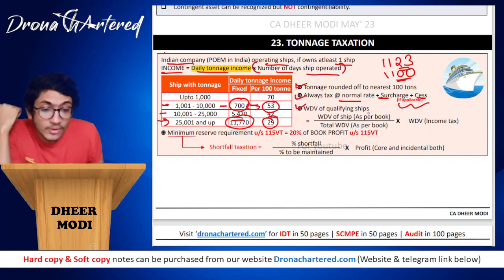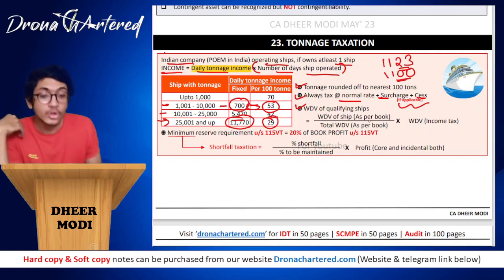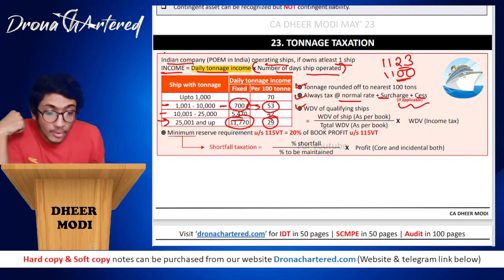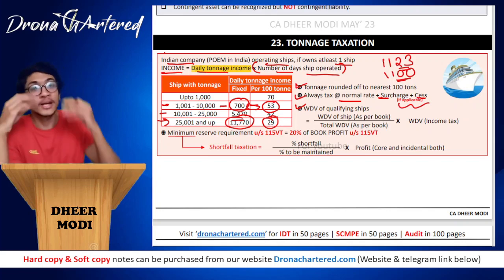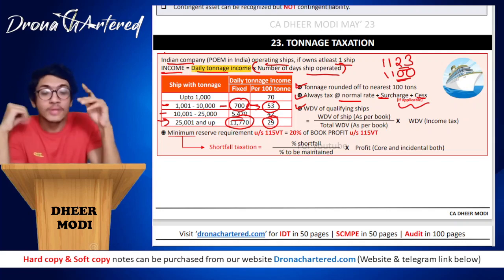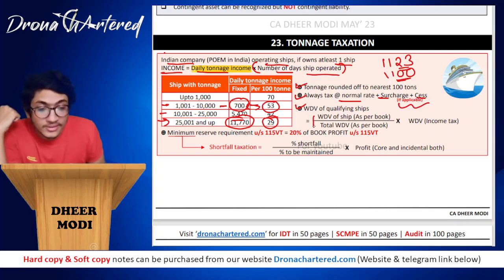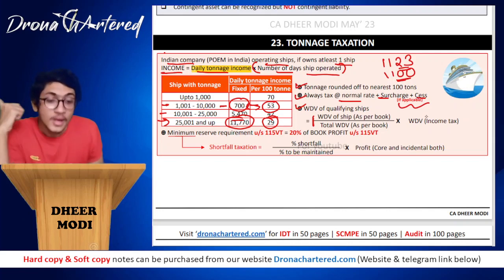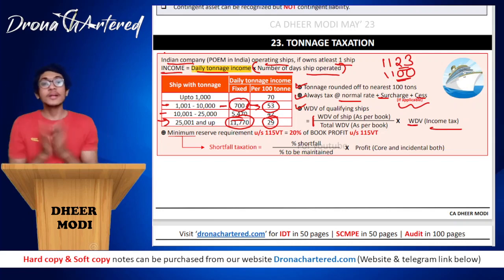Your WDV of qualifying ships, the written down value of qualifying ships, is the WDV of ship as per your books of accounts upon your total WDV as per books. That means what proportion of your total assets' WDV is the WDV of the ship. This is just a ratio: WDV of ship as per books upon total WDV, multiplied by WDV as per income tax, that is your total WDV for income tax.